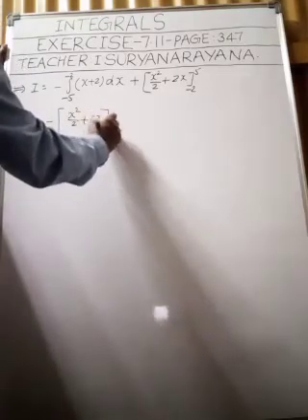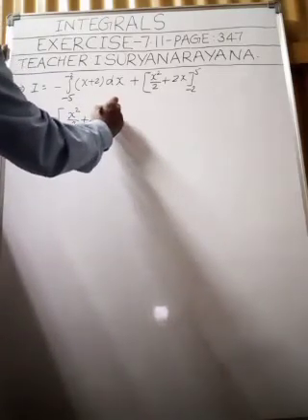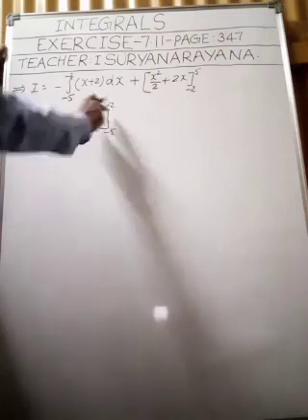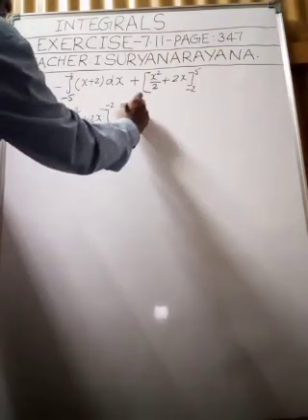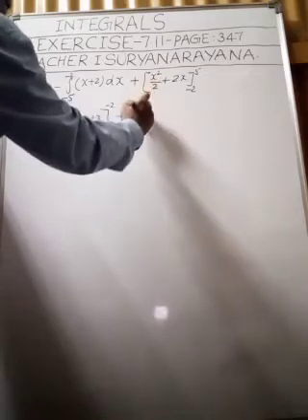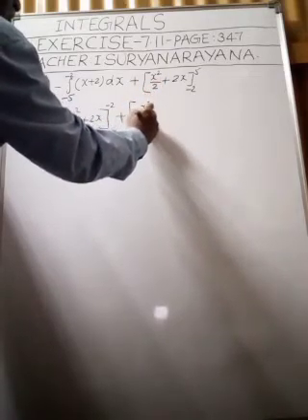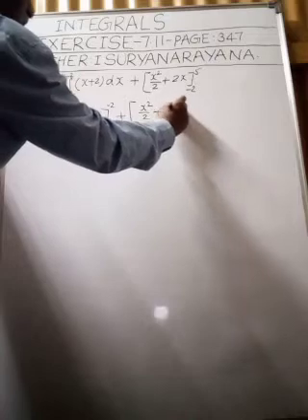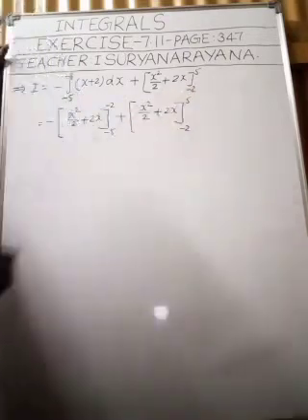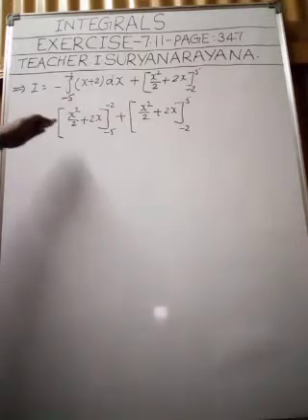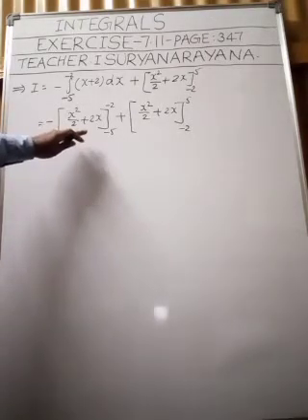Minus 5, lower limit is minus 2 and upper limit is minus 2 plus here x square by 2 plus 2x minus 2, 5. Okay, my children? In this step, understood this step, my children?